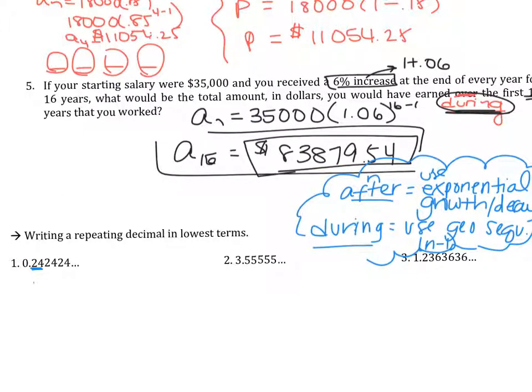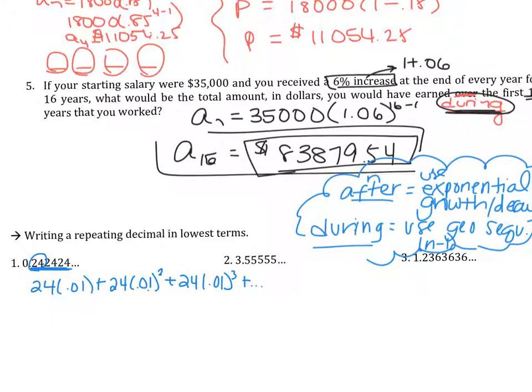If I take 24 times 0.01, that's going to be 0.24. So that's this first piece. And then if I do 24 times 0.01 times 0.01, that's going to be the next digits of my repeating decimal. And then 24 times 0.01 to the third, which is 24 times 0.01 times 0.01 times 0.01, that's the first 3 times it repeats.